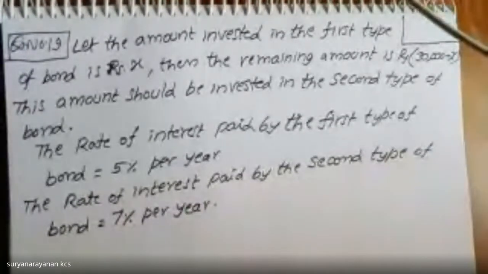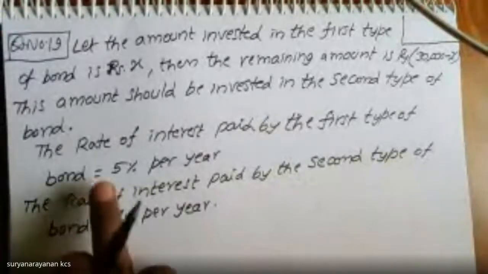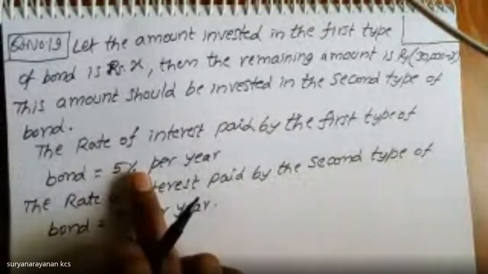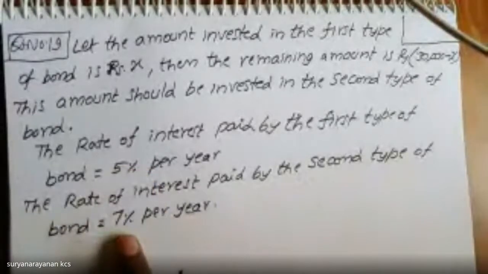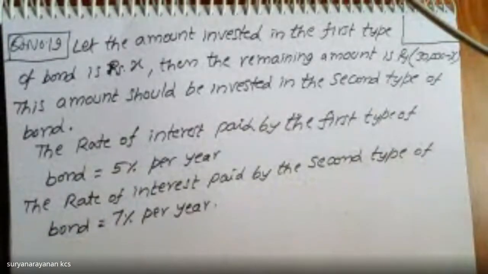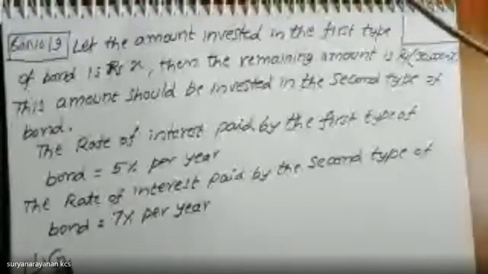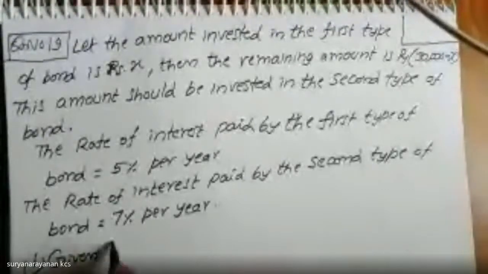So the first type of bond is paying 5% per year, and the second type of bond is paying 7% per year. Now, first condition, the total interest paid by both bonds is 1800. Yes or no?